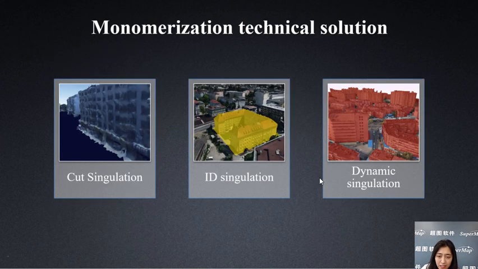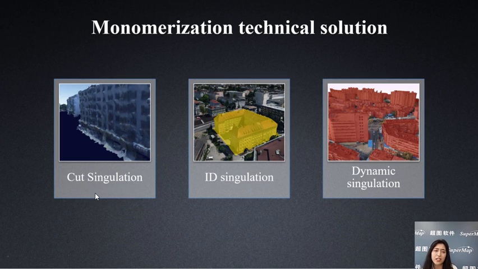And now there are three methods for the singulation of oblique photography: cut singulation, ID singulation, and dynamic singulation.